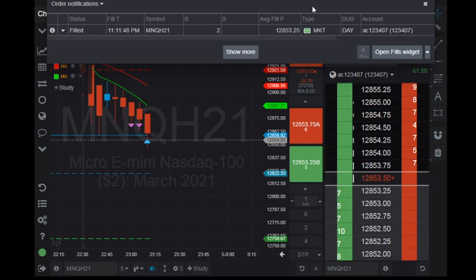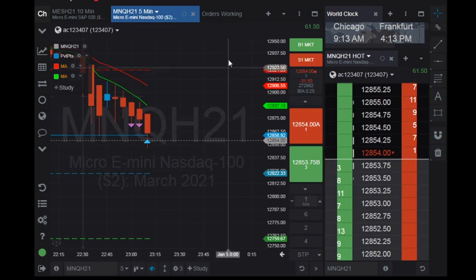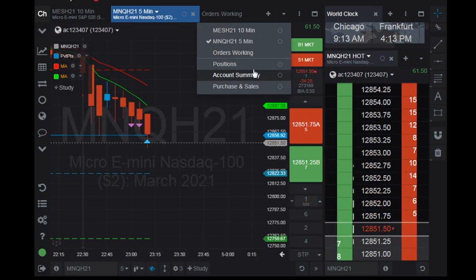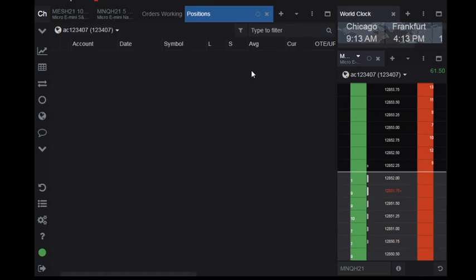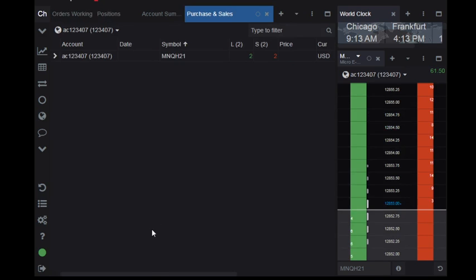And from the micro account we have a good take as well, about $61. Should be around that. Let's take a look. Positions, okay, no position, purchase and sales.